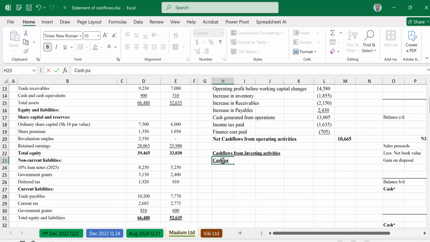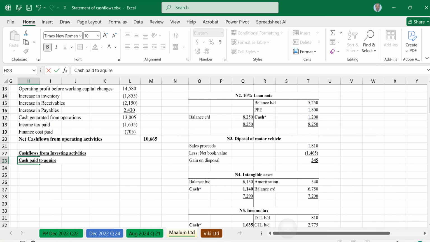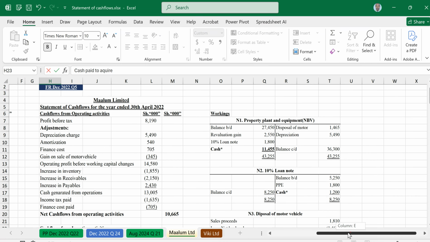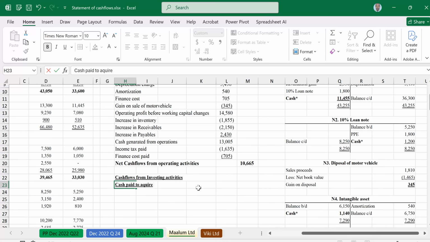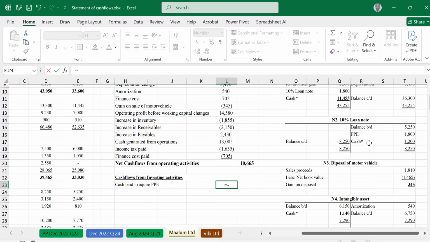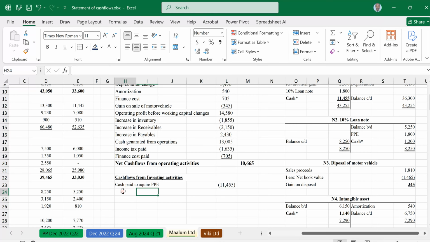The cash paid to acquire PPE was given at 11,455. So cash paid to acquire PPE equals negative 11,455. That is an outflow.